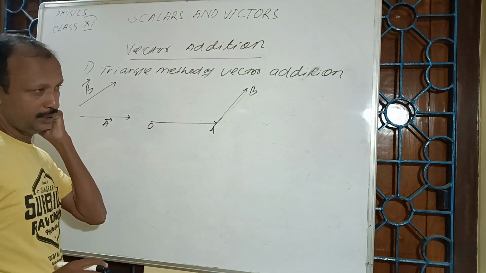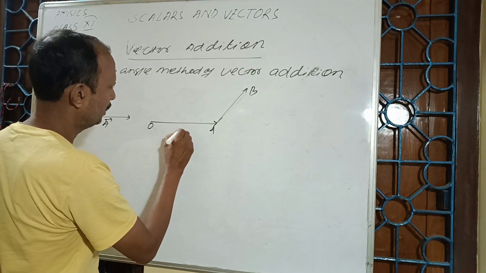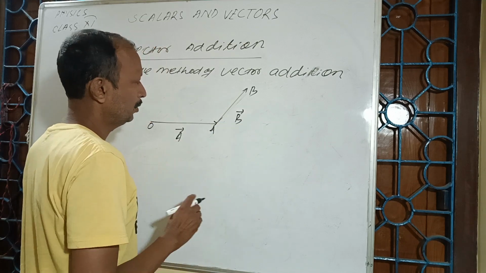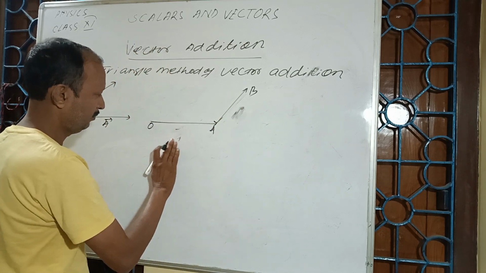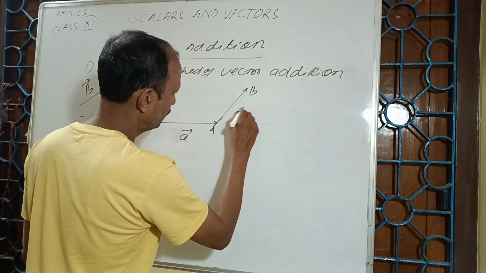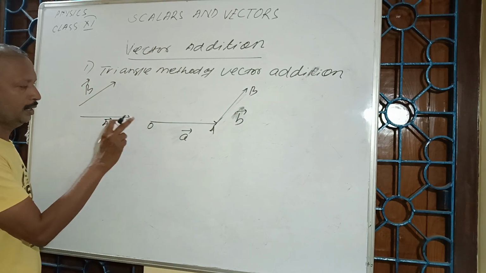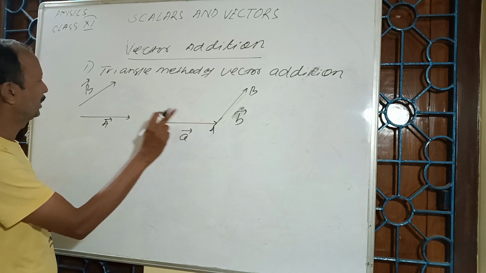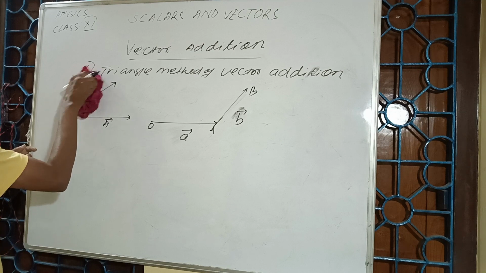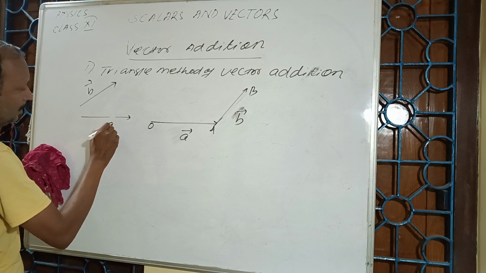This is vector A, this is vector B. Here, vector A is OA, vector B is AB.